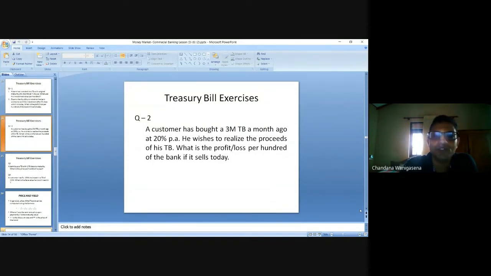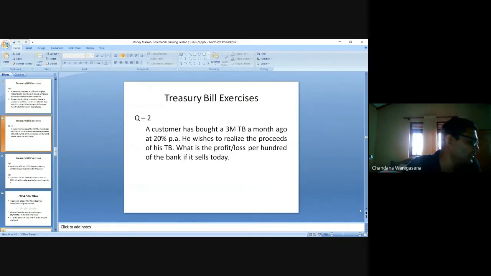The number of days to maturity, 90 days, right? So you plug in those numbers. 100 divided by 1 plus, within brackets, 20, the full number we put, and 90 divided by 364, into 100.